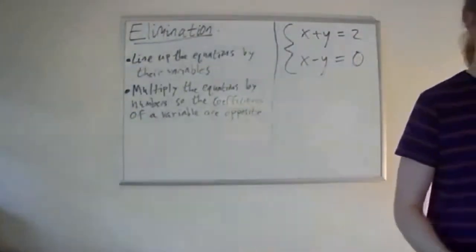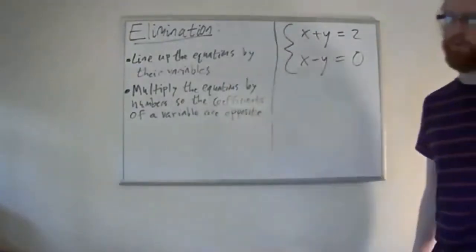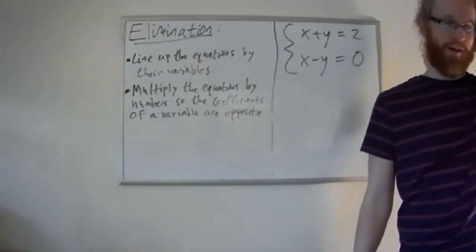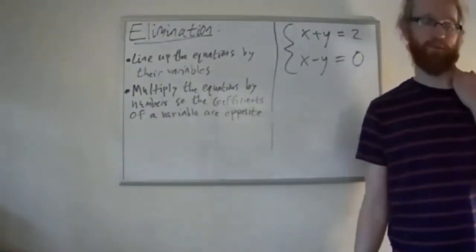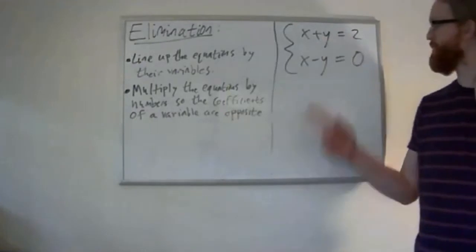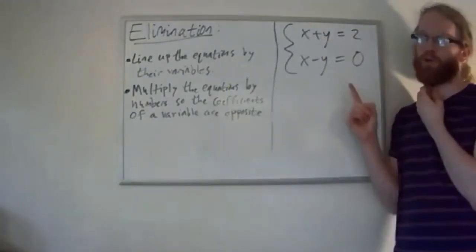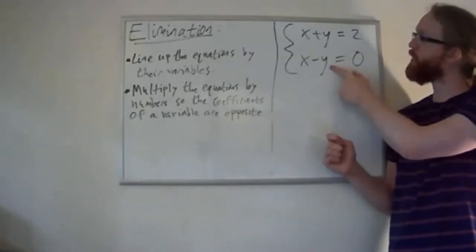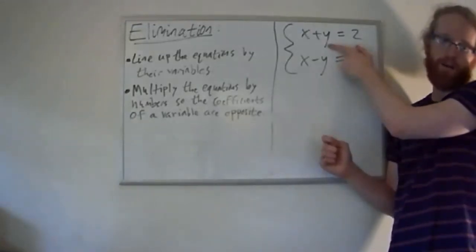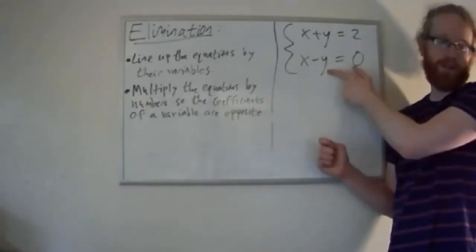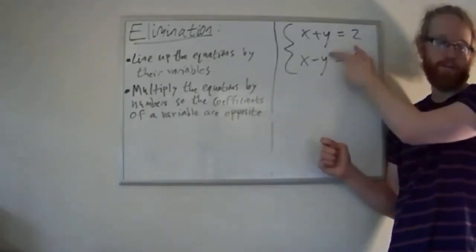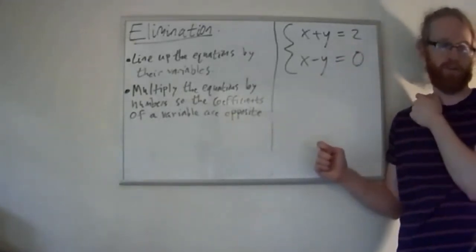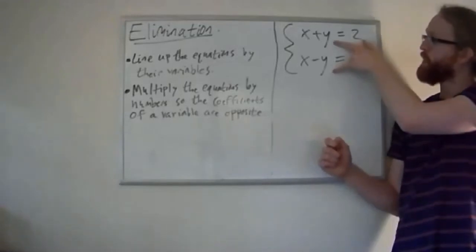So if I need to, I'm going to multiply the equations by some numbers so that the coefficients, which are just the numbers in front of the variables, have opposite signs, or opposites. In this example, it's actually already done for me, perhaps. You can pick any variable you want. If I look at y here, I'll notice that I have positive y, and down here I have negative y. So these already have opposite signs. So in some sense, I'm already done with step 2 in this example, kind of a dumb example. It's already set up nice for us.